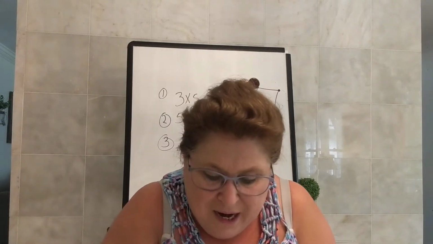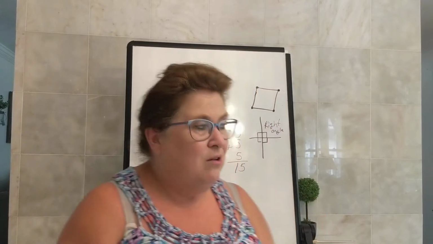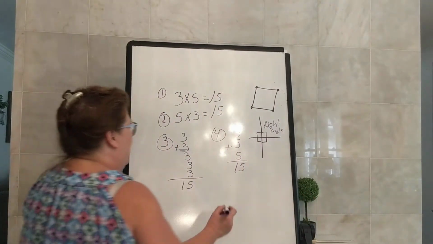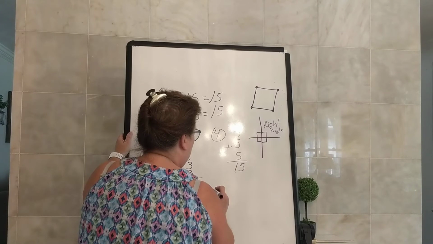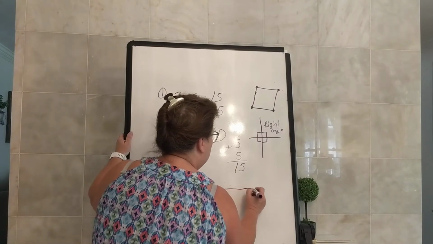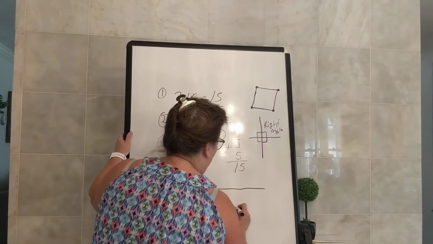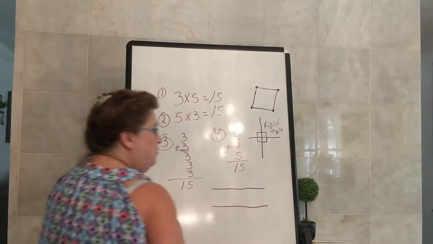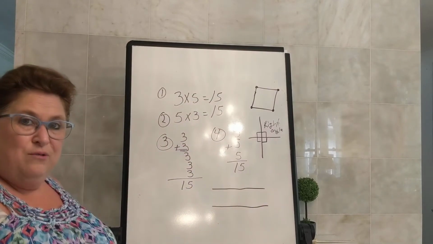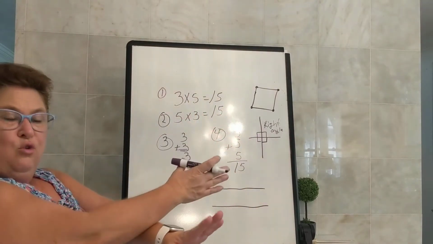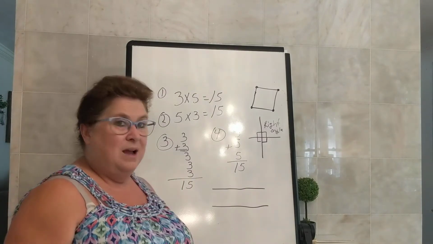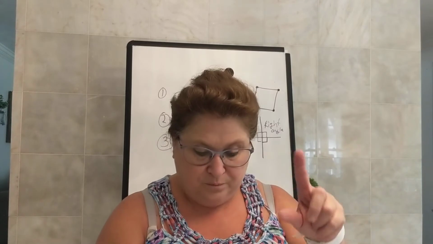And then you have parallel lines. Parallel lines are lines that will go on and on and on. They're straight lines. They will go on and on forever and ever, and they will never, ever cross. They are parallel lines. Say parallel, parallel, parallel.